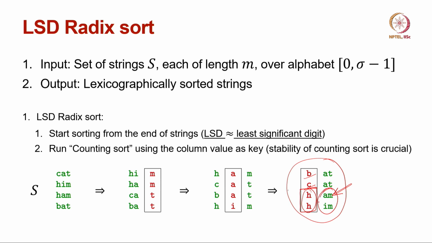So both of these strings start with H, but because AM was ordered before IM, the counting sort will make sure that HAM will appear before HIM, because it is a stable sort.